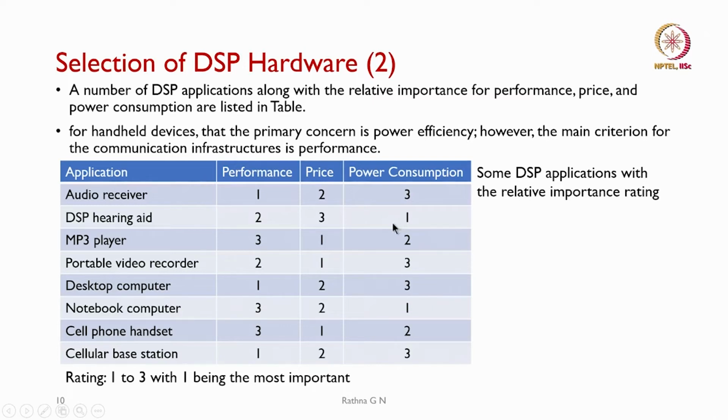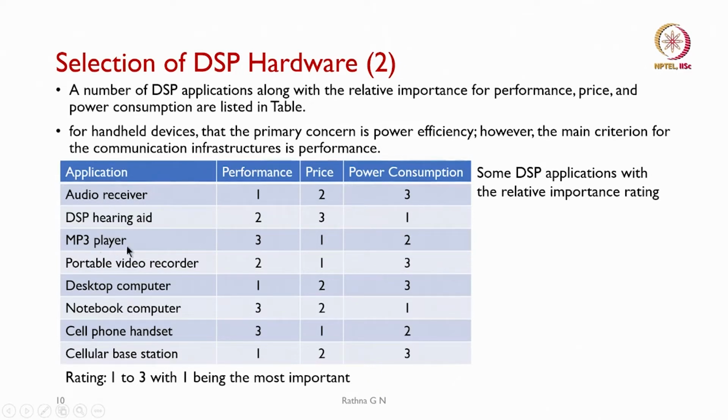But still, in most cases power consumption has to be very low, because one person will be wearing it. If it is a middle class or low class family using the hearing aid, you can see the battery that they have to replace in a day or in a week or in a month, what you will be calculating.